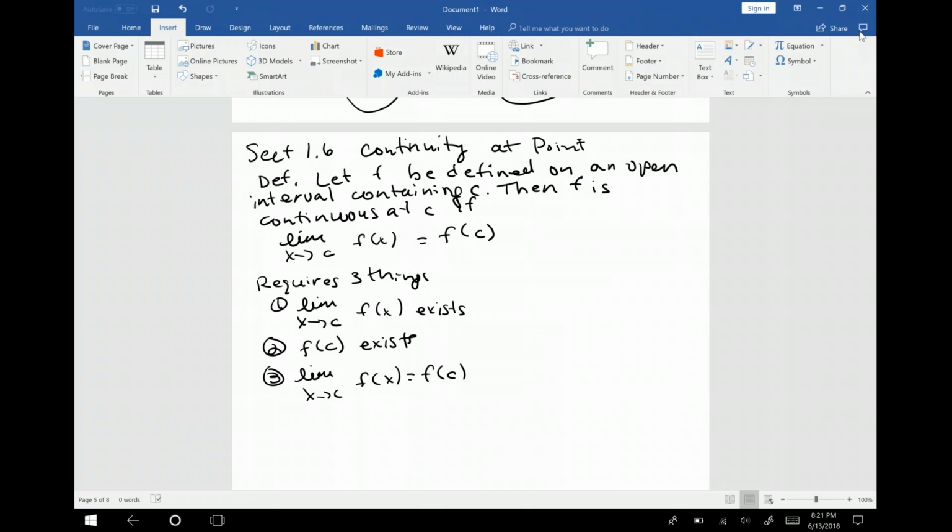We need those three things to happen. So really we're looking for a function that we can draw without having to lift our pencil off the paper. Like this function here is definitely continuous. But if I draw a function that looks like this, I can't draw that without lifting my pencil, so that one is not going to be continuous. So that's just a couple examples.